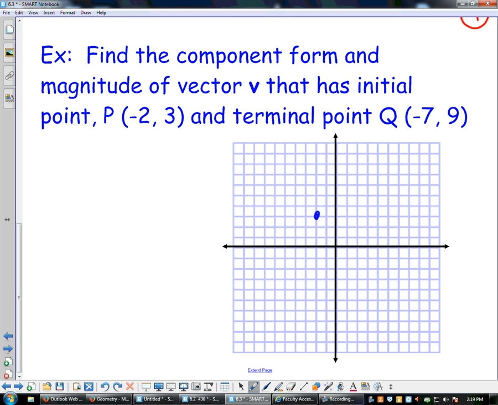So here's point P, which is (-2, 3), and point Q is (-7, 9).